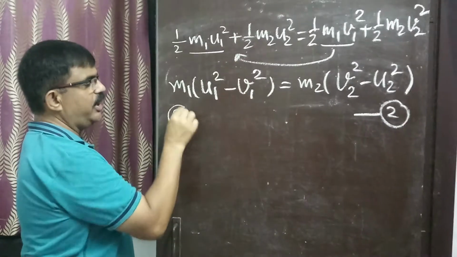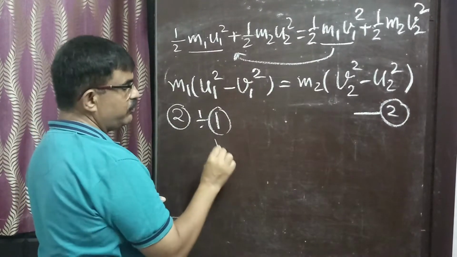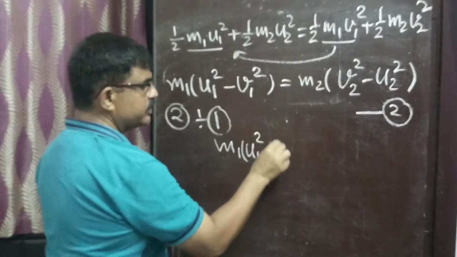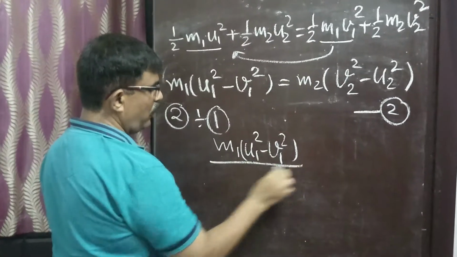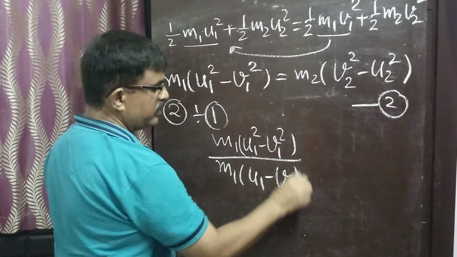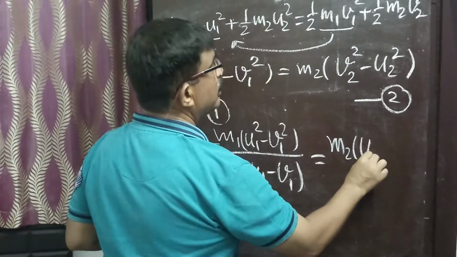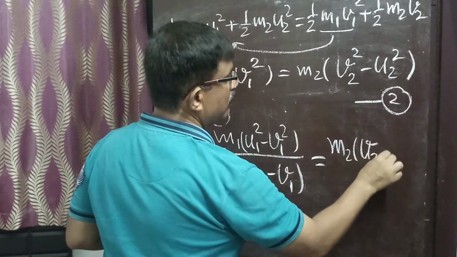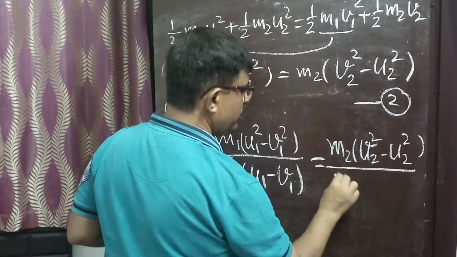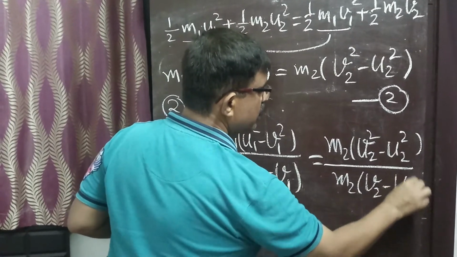And now we divide the second equation by the first equation. So we will get m1 (u1 square minus v1 square) upon m1 (u1 minus v1). This is from the first equation. And m2 (v2 square minus u2 square) upon m2 (v2 minus u2).